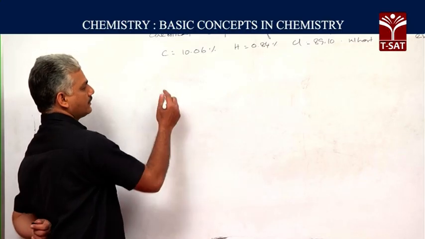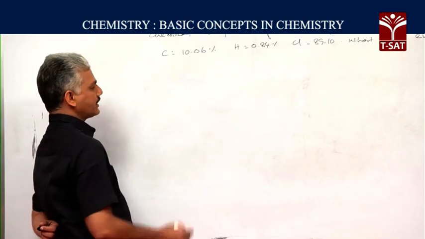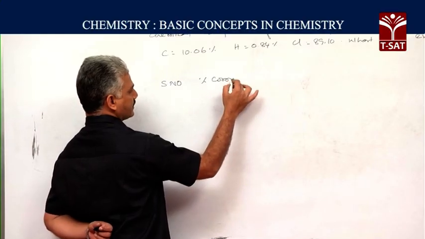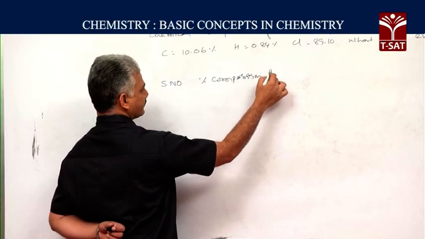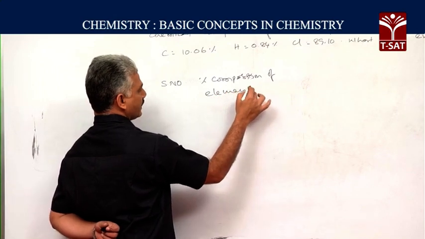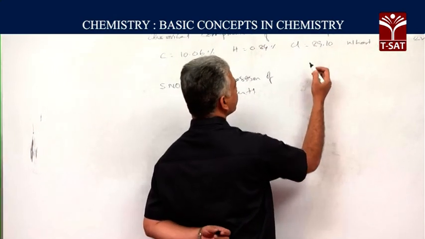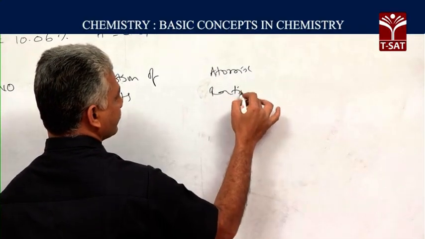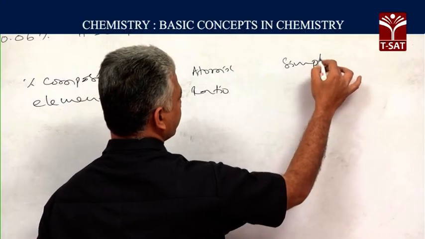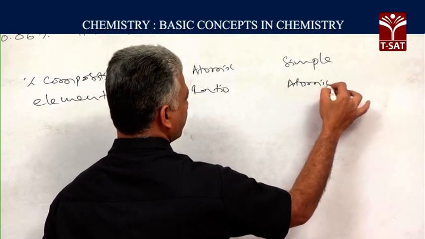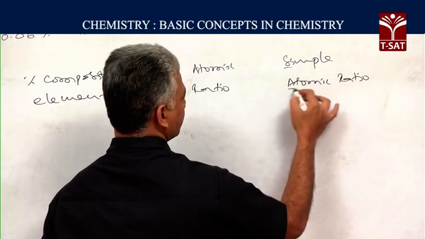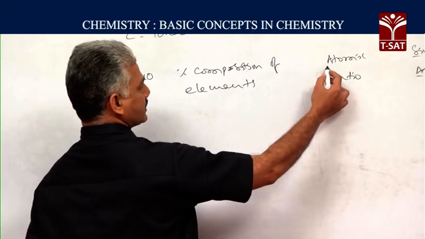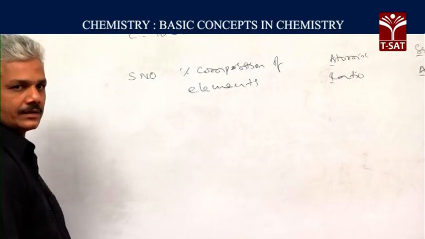Then we have to follow a standard format like this: serial number, percentage composition of elements, atomic ratio, simple atomic ratio. Simple atomic ratio in short is called SAR. Atomic ratio in short is called AR.